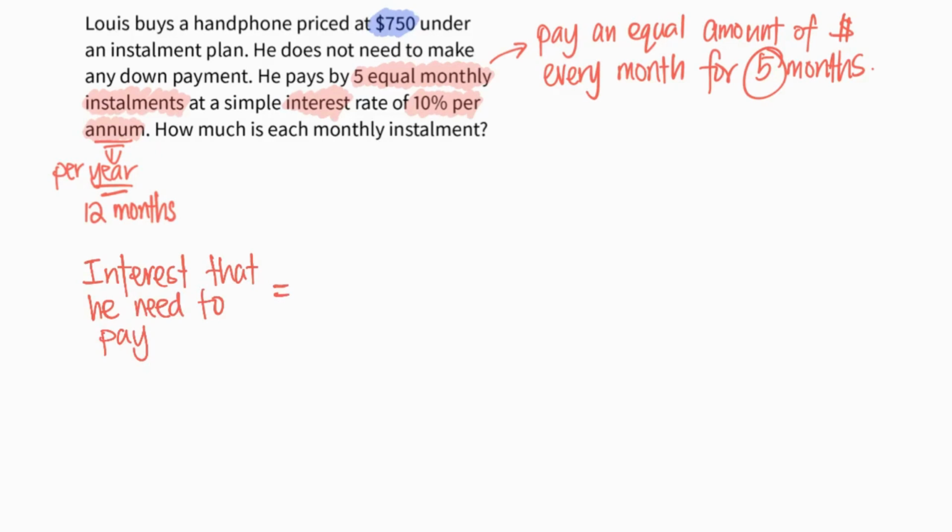will be equals to 10%, which is 10 over 100 of the price, but this is for the full 12 months.